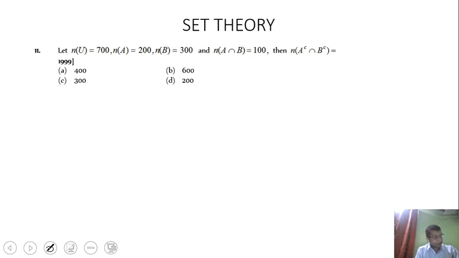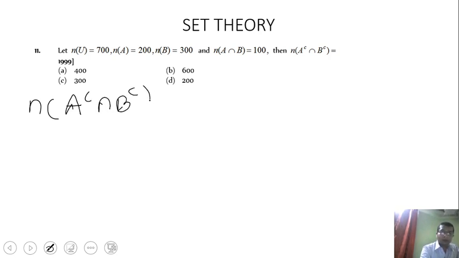Intersection is taken as and, union is considered as or. Then we need to find the value of cardinality of A complement intersection B complement.